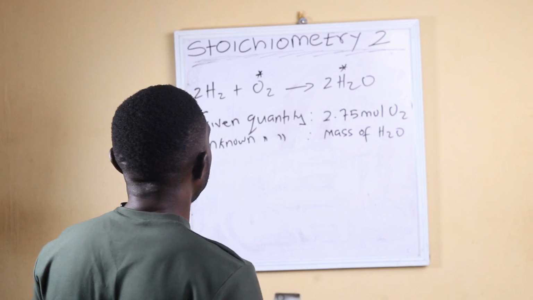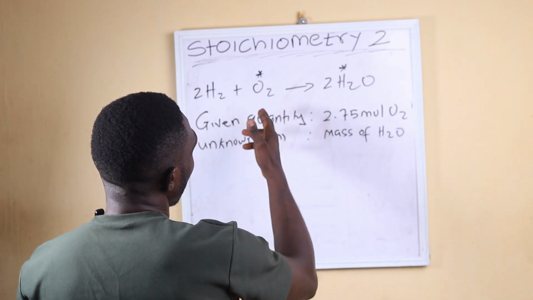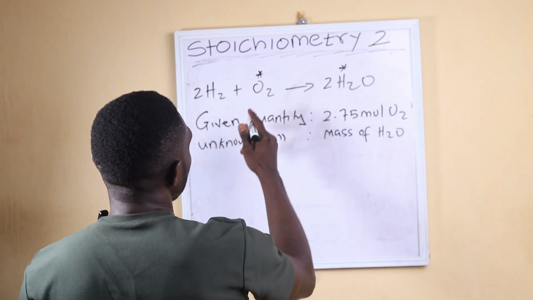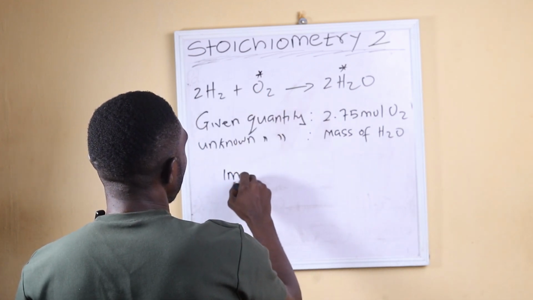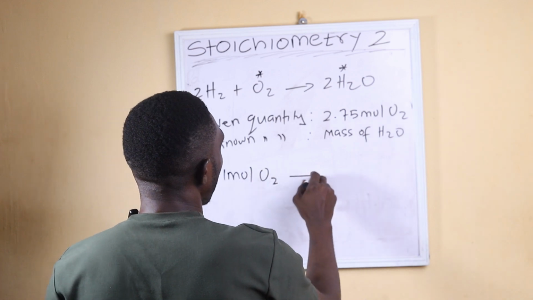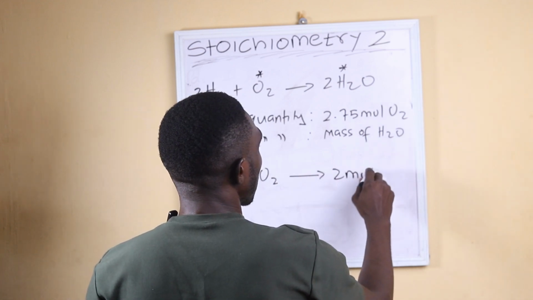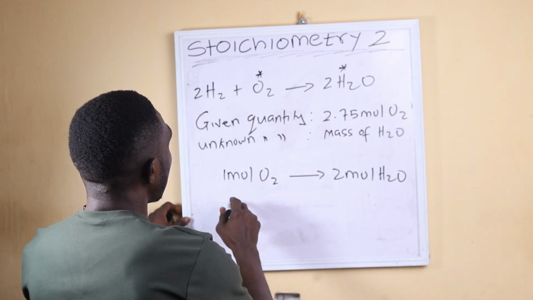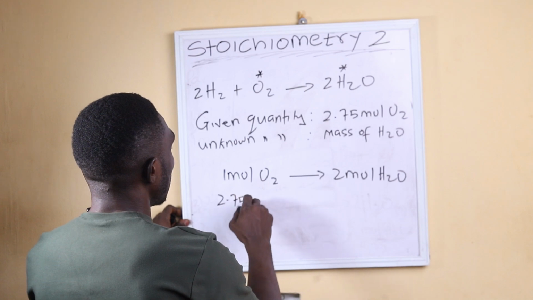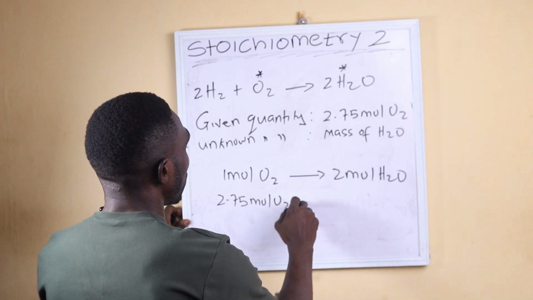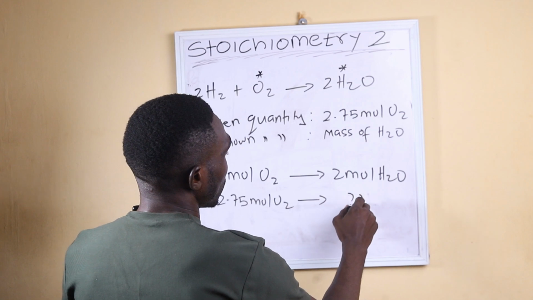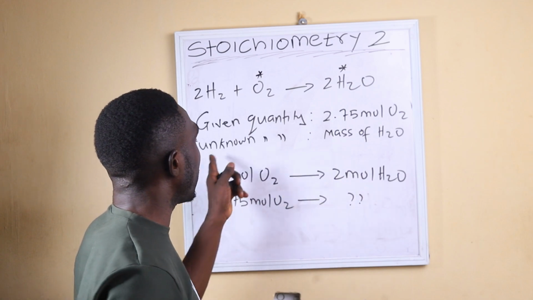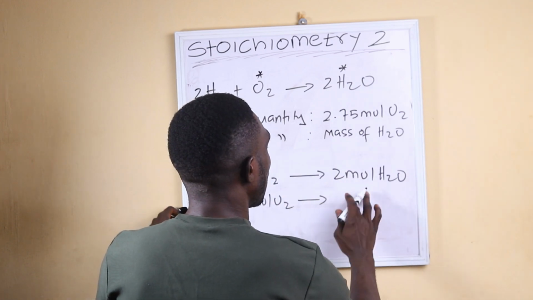Let's start by saying that from the balanced equation, the stoichiometry connects oxygen with water. So from the balanced equation, I have that 1 mole of oxygen gas will always produce 2 moles of water. So therefore, 2.75 moles of oxygen will produce, I don't know. So I'm going to cross multiply 2.75 times 2 divided by 1.